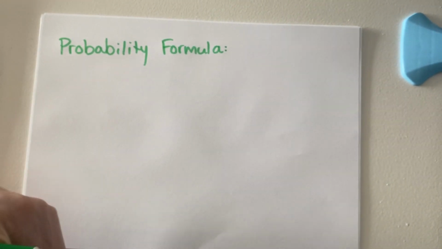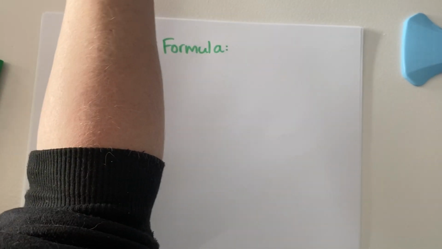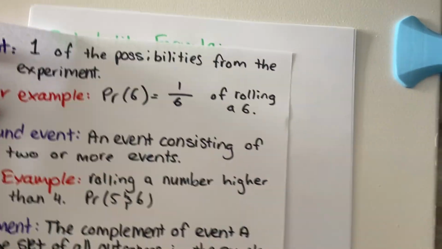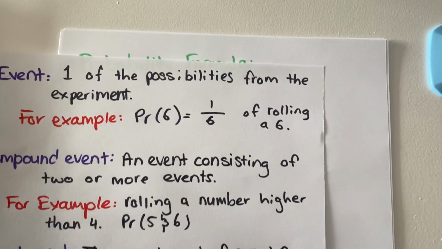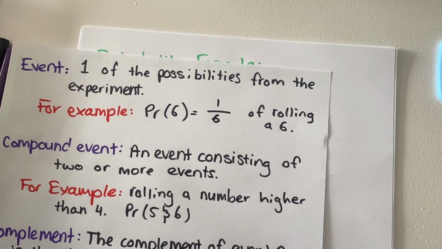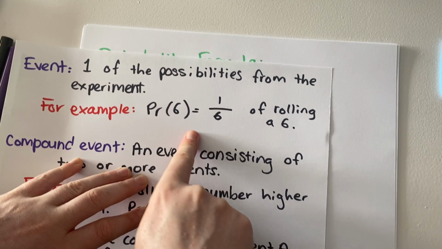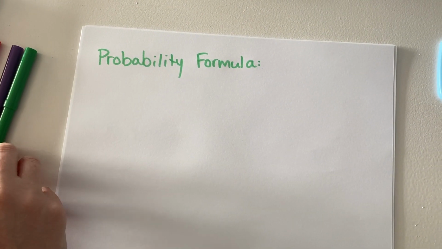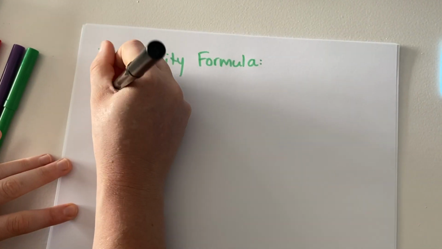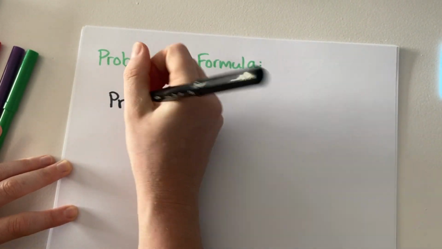Before, you would have noticed I've written, if you look at this one here, probability of 6 equals 1 on 6. I'm now going to tell you how I got that. So when you look at it, we're going to go probability. The PR just means probability, by the way.